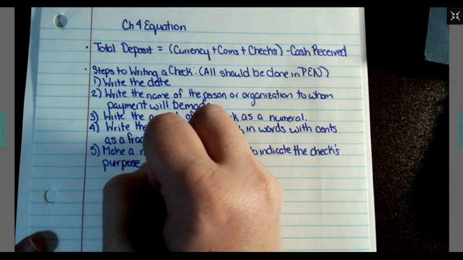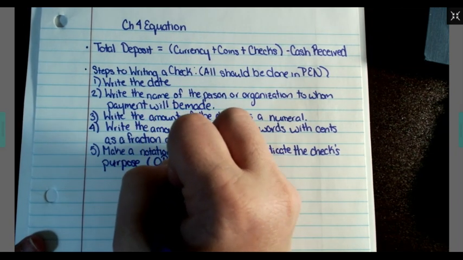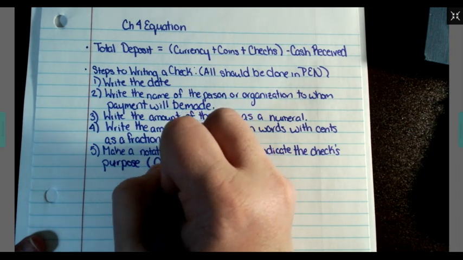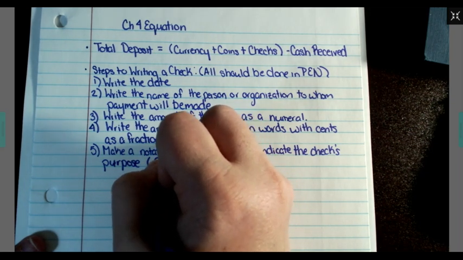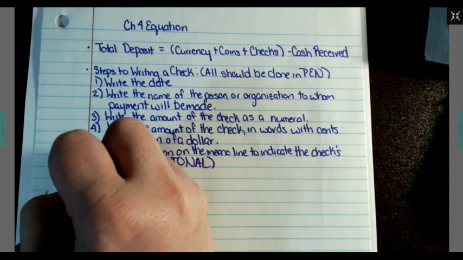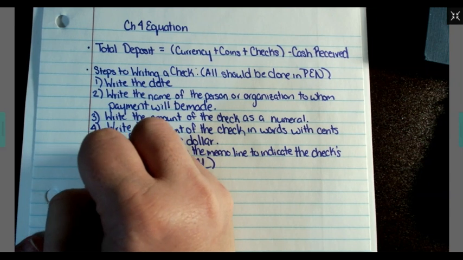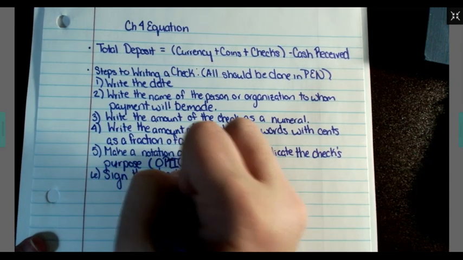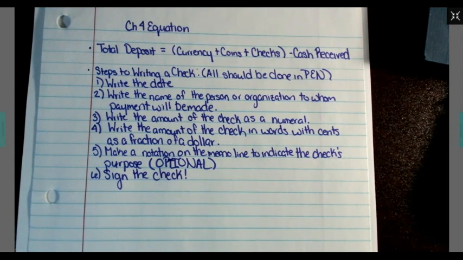This step is definitely optional. Last step, sign the check. So the 6 steps to writing a check. Go ahead and take a moment to write all this information down.